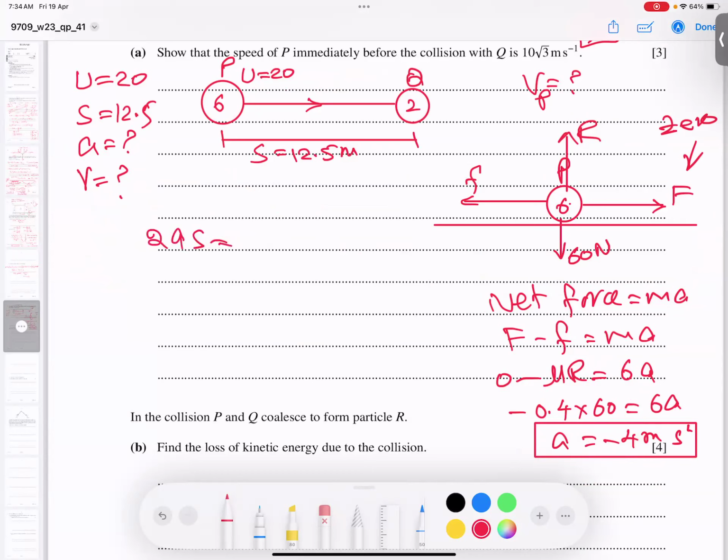2as equals v squared minus u squared. I showed extra working. If you are expert enough, you can save your time. Just for the sake of your understanding, I'm showing the complete working. The last velocity is v, u is 20, and the acceleration value you have to plug in is -4. So 20 squared is 400.